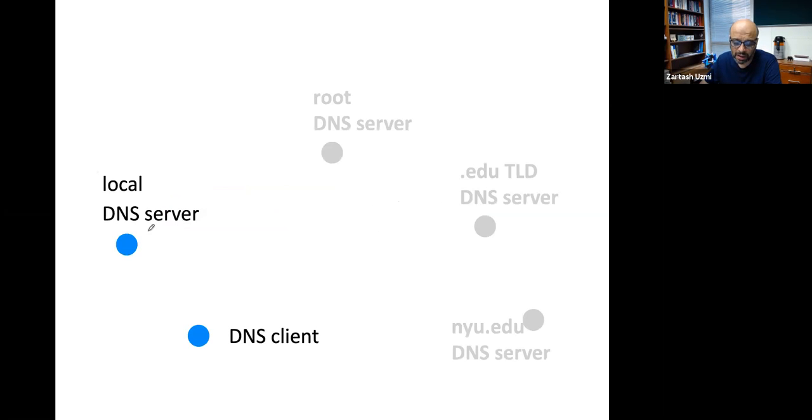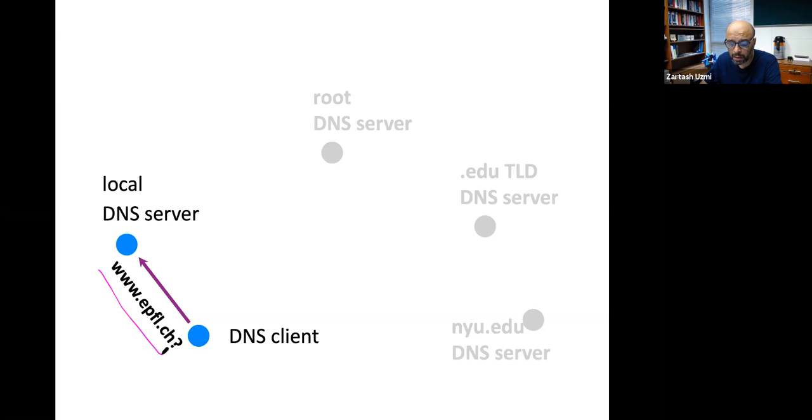So let's say you have a local DNS server and you have a DNS client. One possible way that you can attack the DNS server is this. You want the name translation for www.epfl.ch.